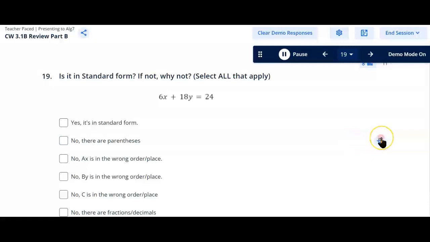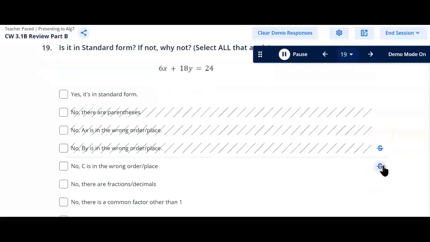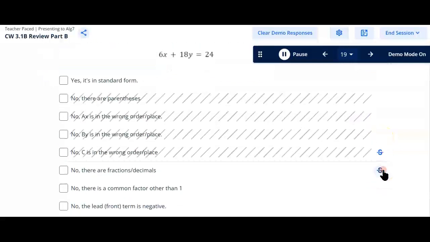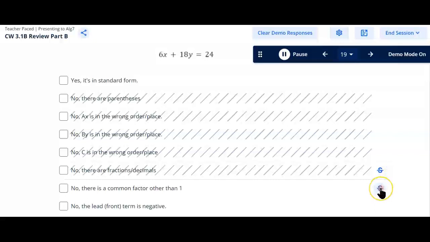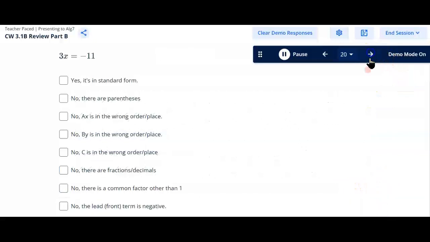Are there parentheses? No. Is X in the wrong place? Is Y in the wrong place? Is C in the wrong place? Are there fractions or decimals? No. Is there a common factor other than 1? Yes. What is it? 3. 6. We can actually pull an entire 6 out of there. Oh yeah, yes. Okay, is the lead term negative? All right, there we go.